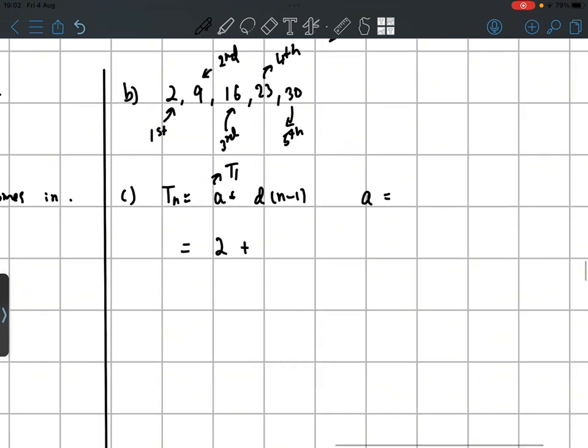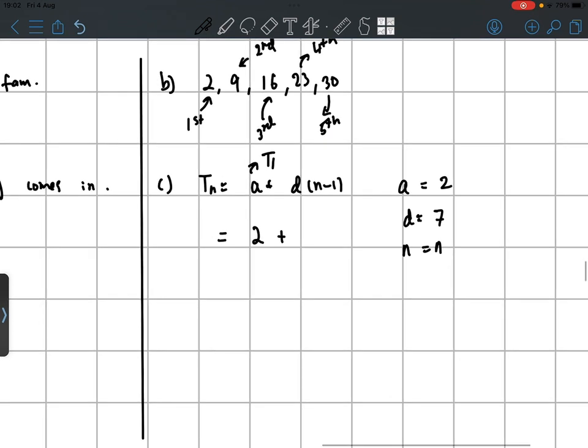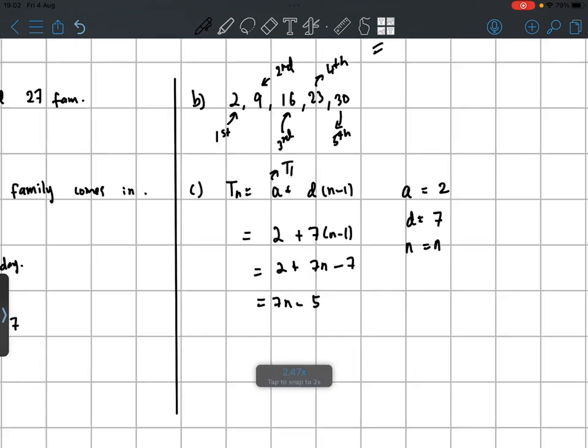Let me write over here, a is 2, d is increasing by 7 each day, so 7, and n is just n. So 2 plus 7(n minus 1). Expand the bracket, we get 7n minus 5. Alright.